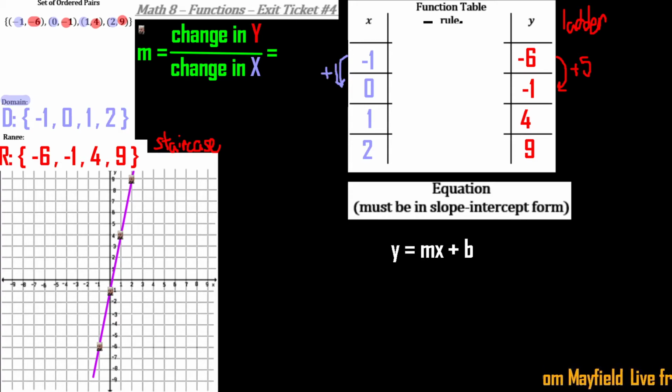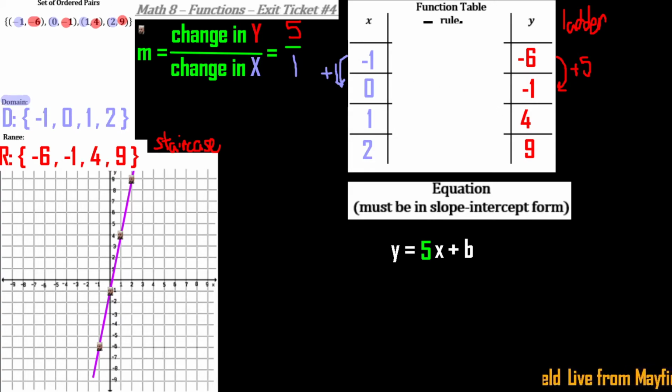And so that means very simply our slope is going to be the ratio of those two. So it would be 5 over 1, which is the same as just +5. So I know my slope for this is going to be 5.